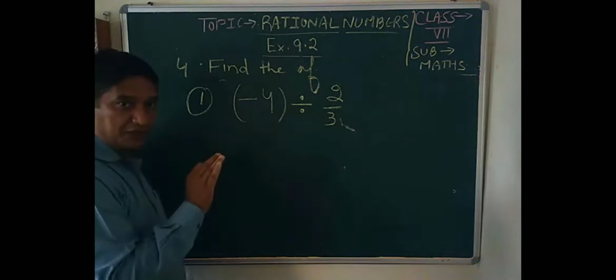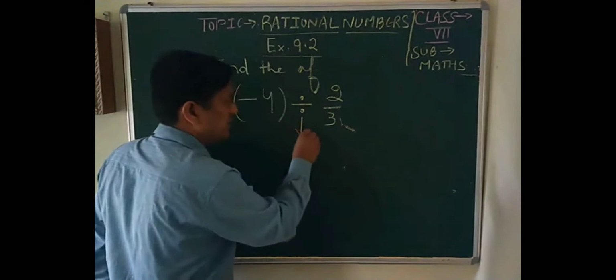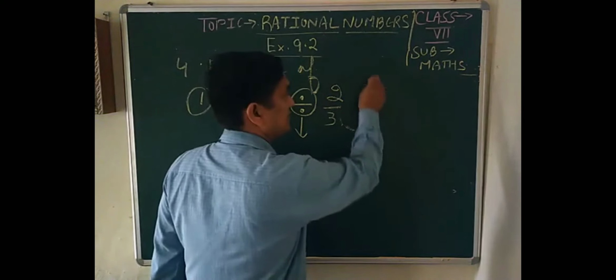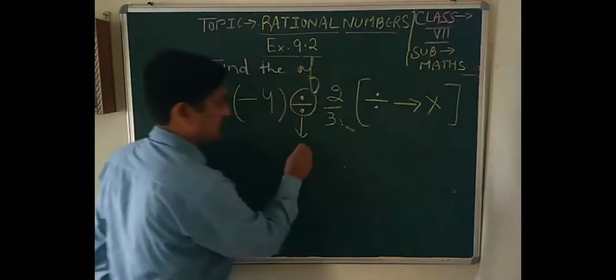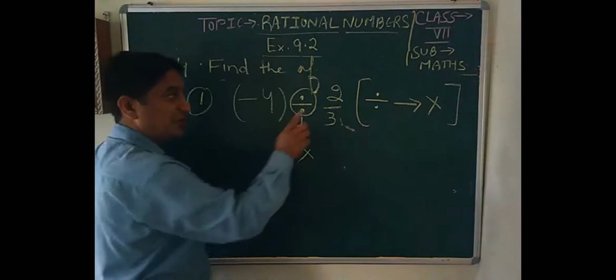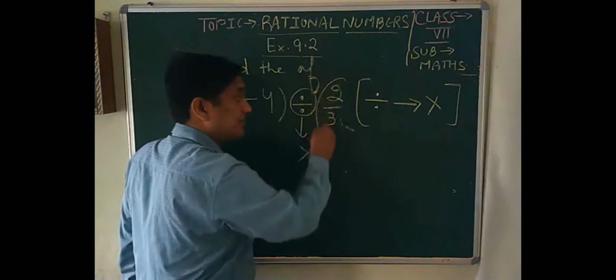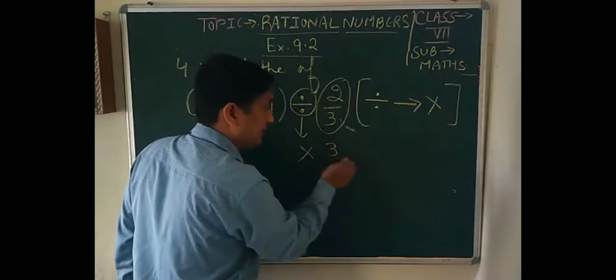Here what we will do, the first and the easiest way is: you should change the division sign into multiplication, and you have to write down the divisor as its reciprocal. 3 upon 2.